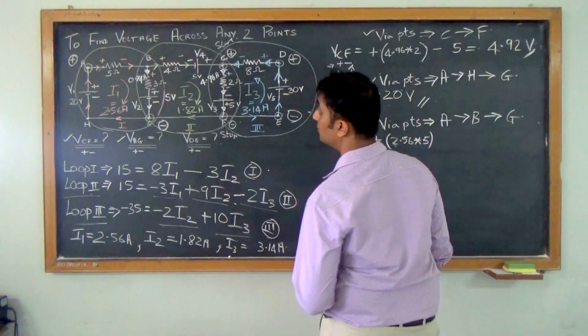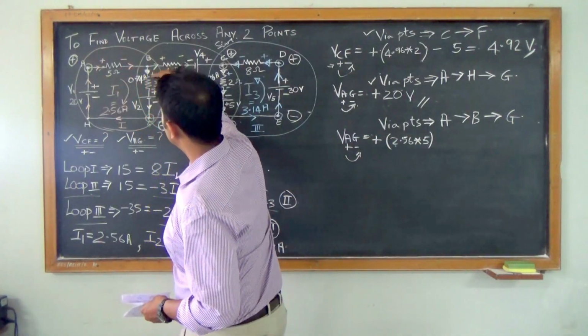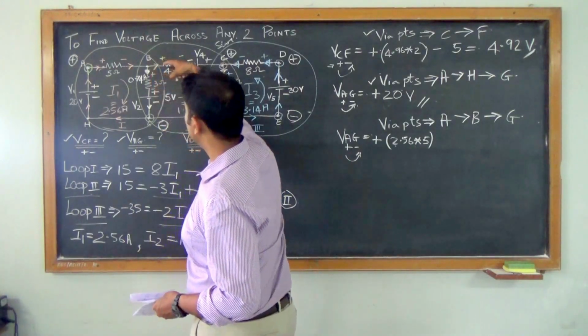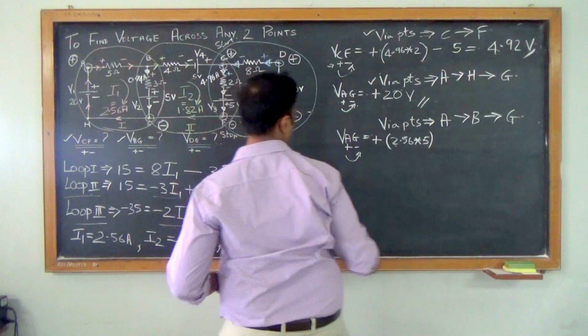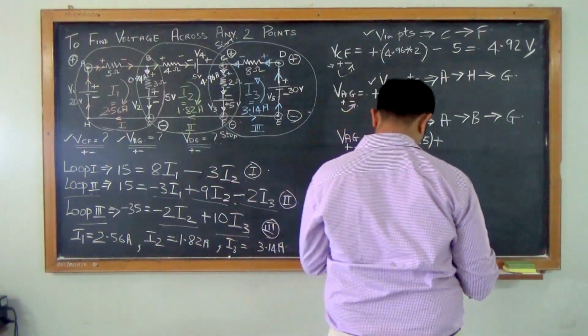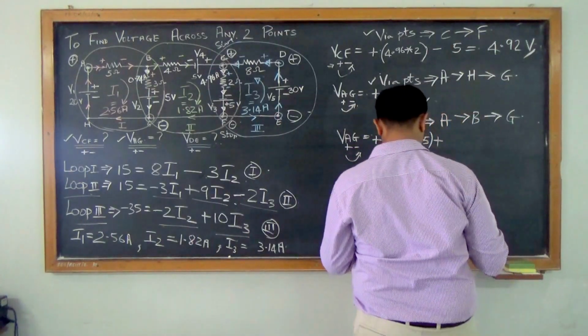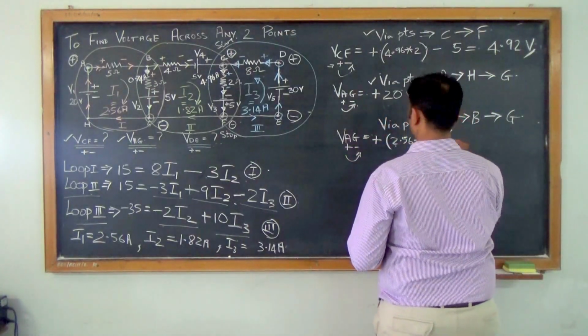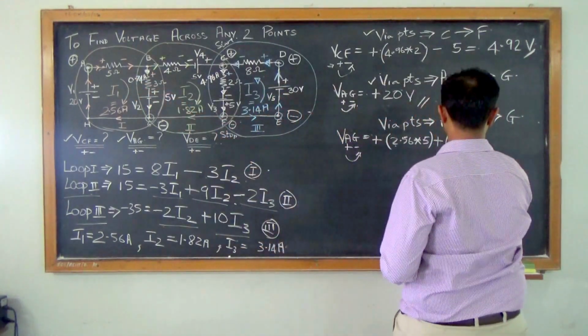Then once it moves here, again the first terminal it comes in contact with is positive. Positive to positive, positive. Which is 0.74 into 3.